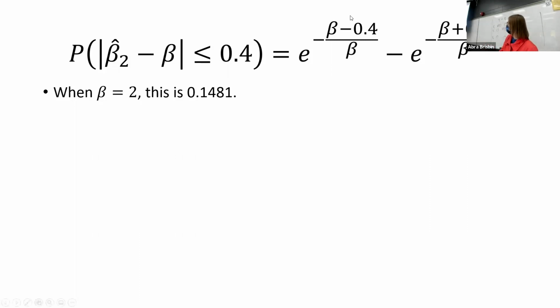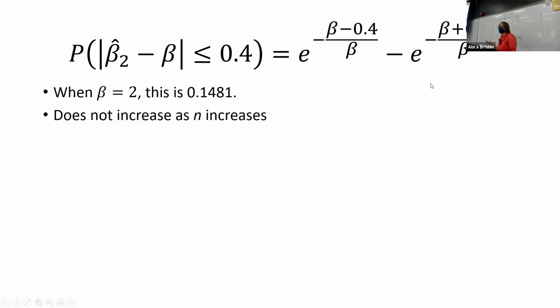So crucially, we see that n doesn't appear anywhere in this probability. So this probability doesn't increase, it doesn't approach 1 as n approaches infinity.